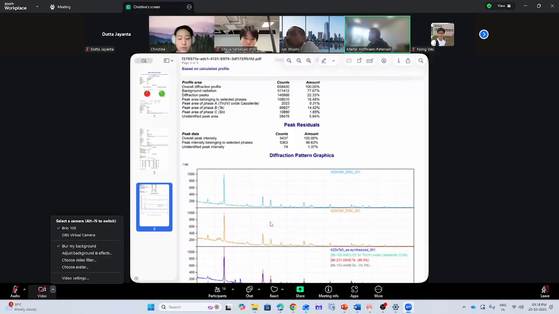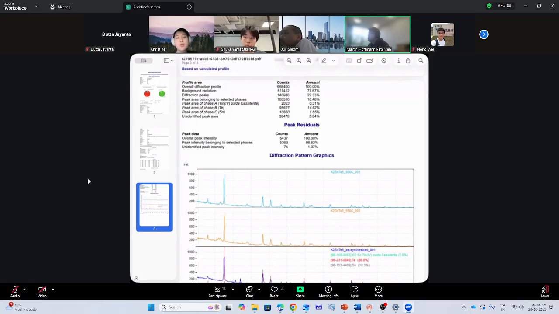But Christine, while you're finding it, from the XRD and from the Rietveld refinement, did you get the same space group as the one by Materials Project? I mean, from the XRD, I'm not sure how to find the same space group. How do you usually do it?